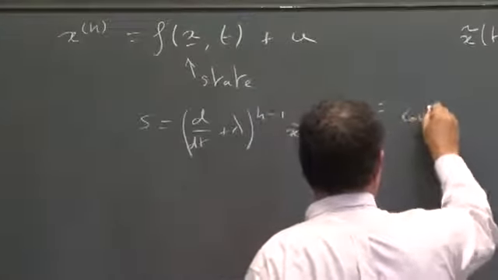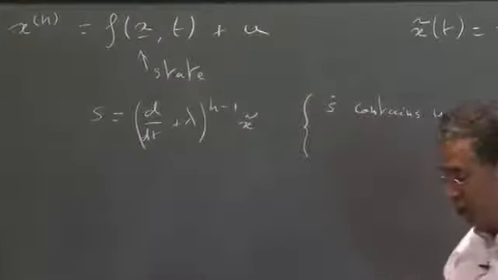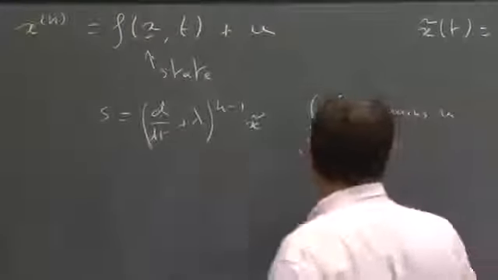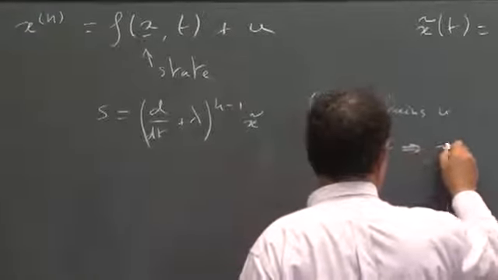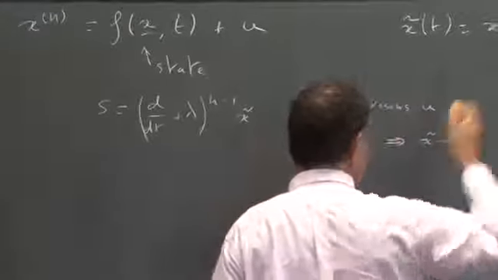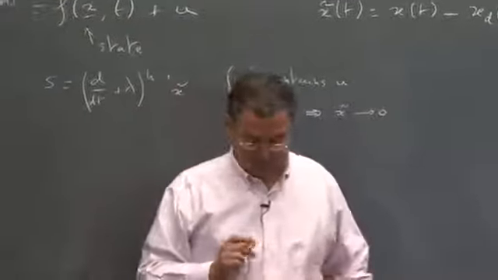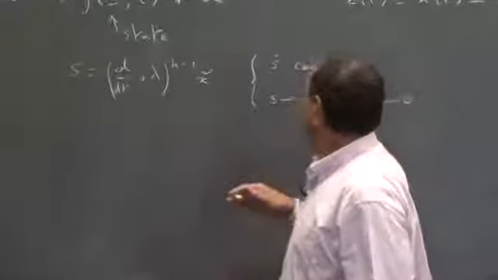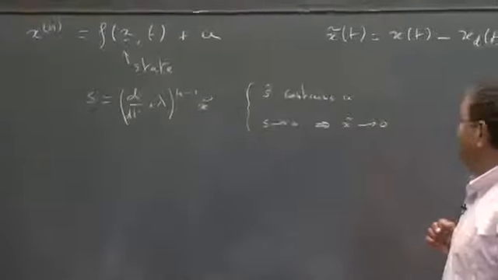One, that s dot contained u, and therefore we needed to differentiate it only once to find the control input. And two, that s tending to 0 implied that x tilde tended to 0. In other words, we had solved the original trajectory tracking problem.